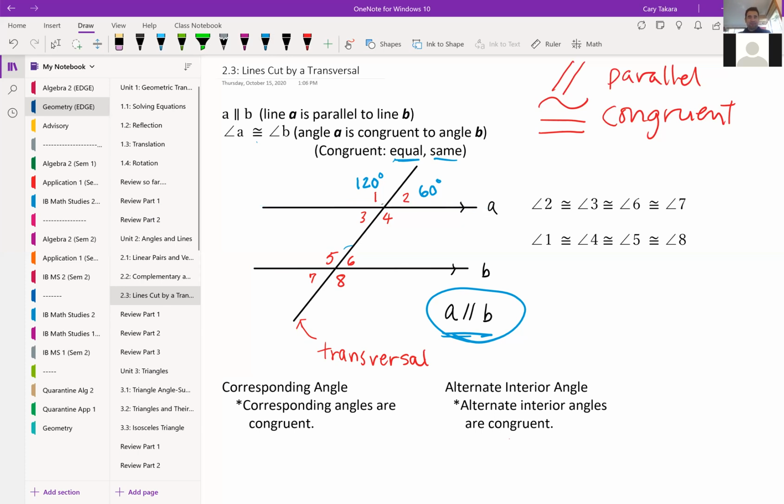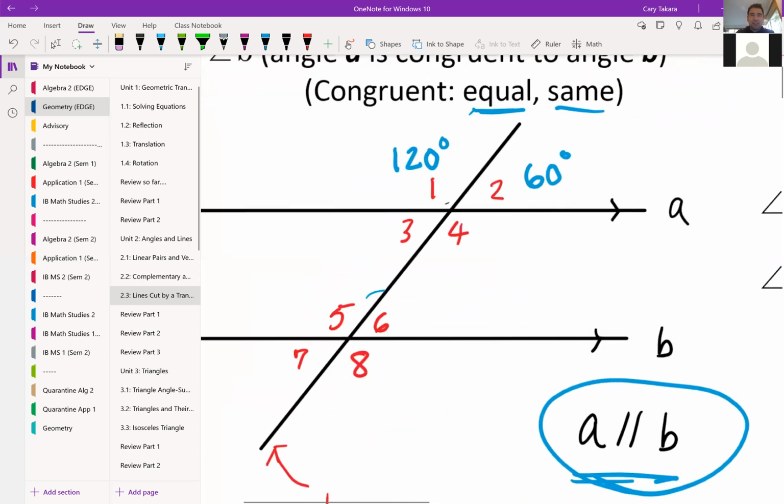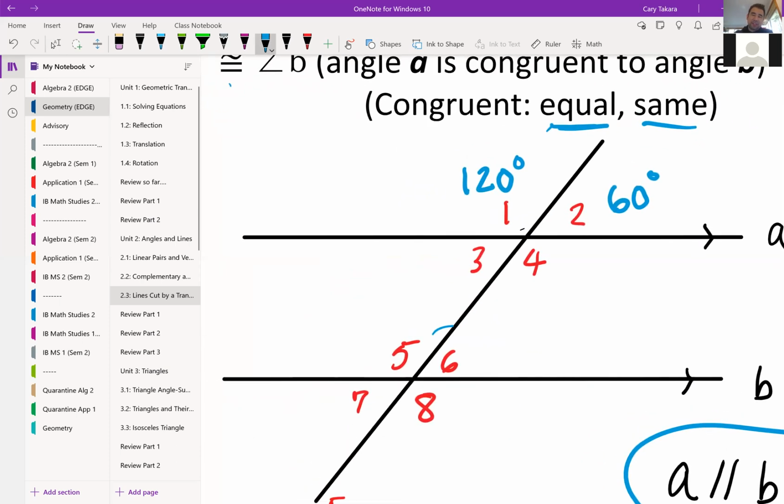So now, can you figure out all the rest of the angle measurements? How about angle 3, angle 4? And how about angle 5, 6, 7, and 8? Okay, let's start with angle 3. What do you think angle 3 is going to be? If you just focus on angle 3, aren't they vertical angles?